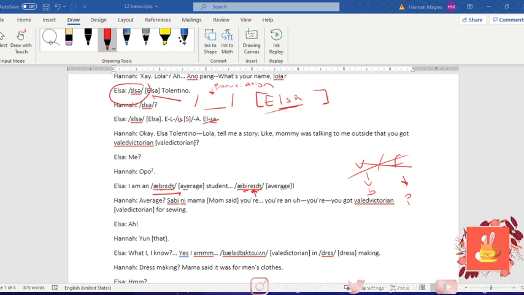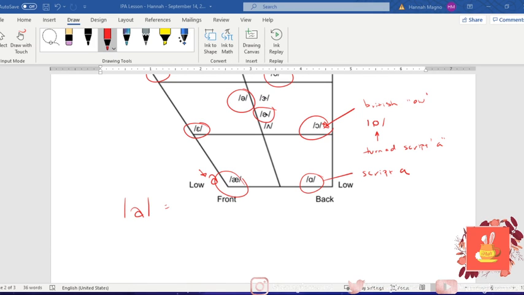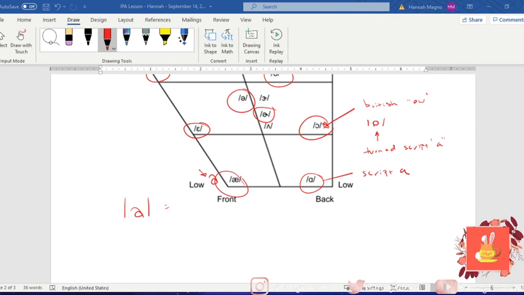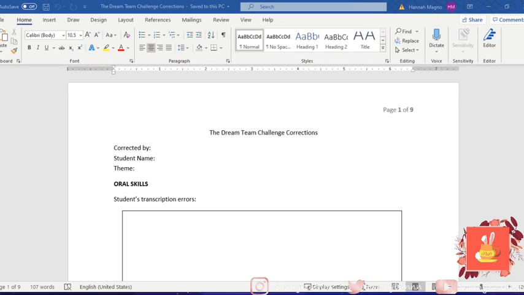Let me double check that everything is good. Okay, Discord has it. I have to change it manually for here. Properties, change it to... nope, that's not it. The Dream Team Challenge. Oops, that's not it. For some reason, it's not finding it. The Dream Team. Oh, there you go. Excellent. There we go. So now we're here.